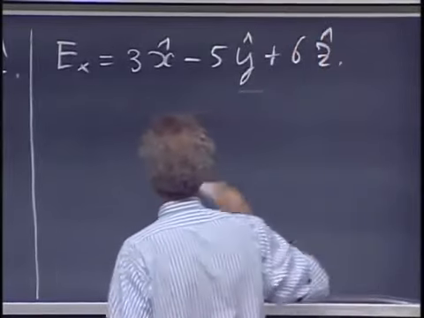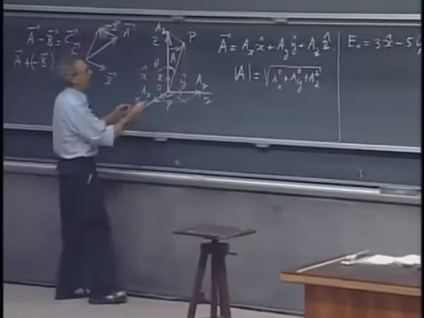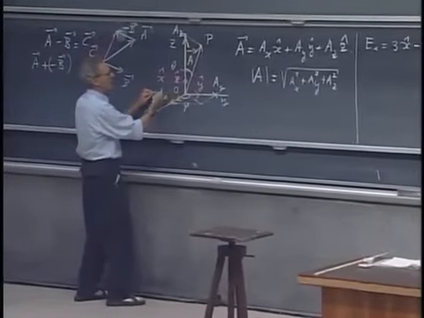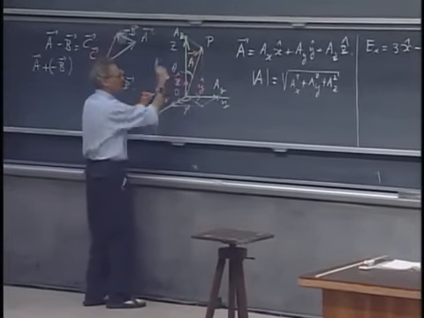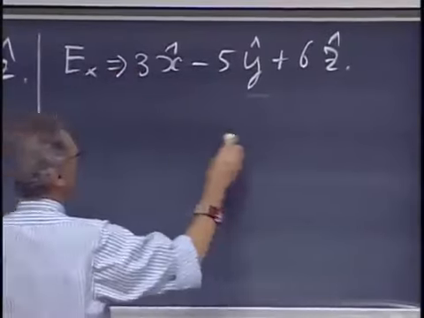That means that it's 3 units in this direction, 5 units in the minus y direction, and 6 in the plus z direction. That makes up a vector, and I call that vector A.